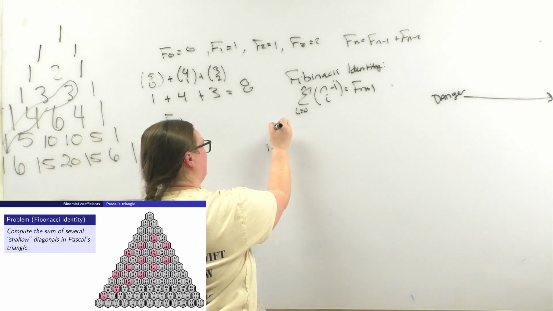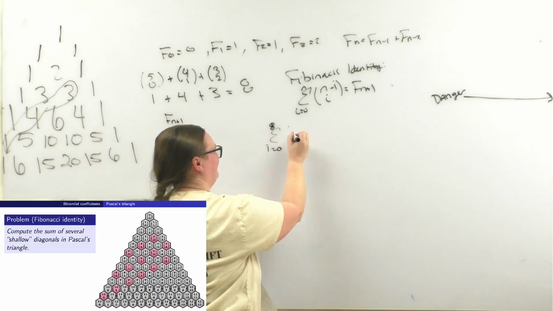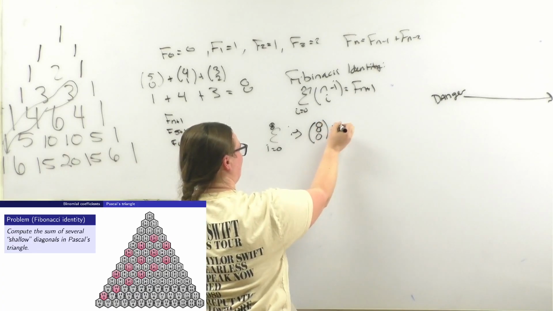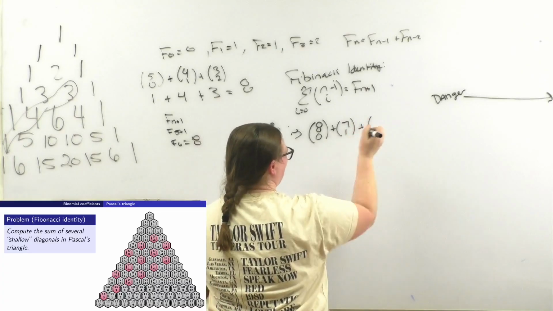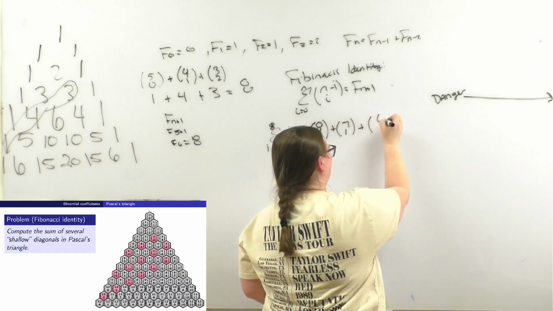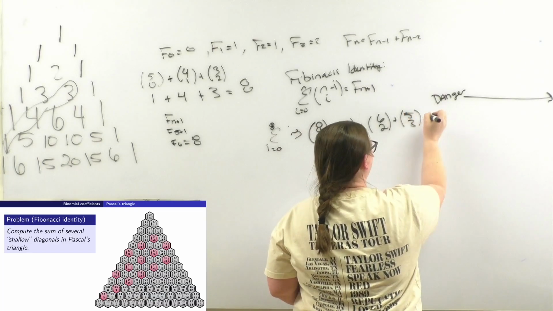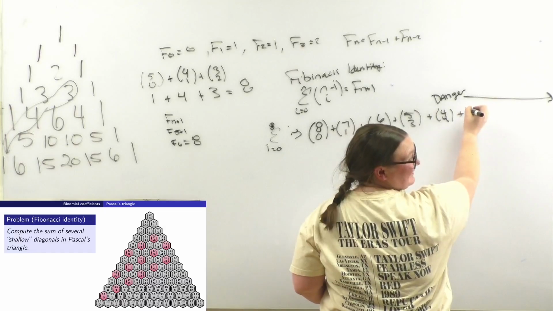We have 8 choose 0, plus 7 choose 1, 6 choose 2, 5 choose 3, 4 choose 4. And we're in the danger zone.